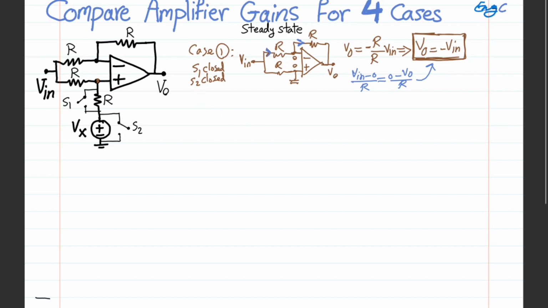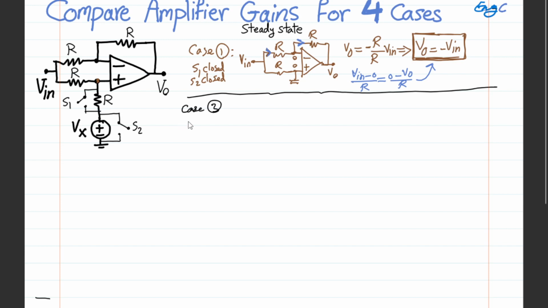Let's move on to case number 2. In this case, let's make the assumption that R is there, but Vx disappears.